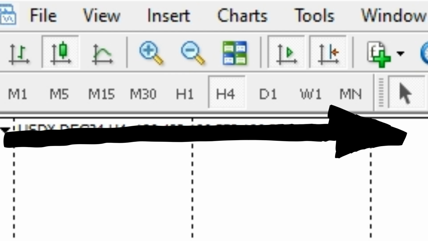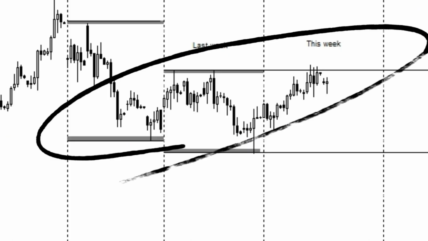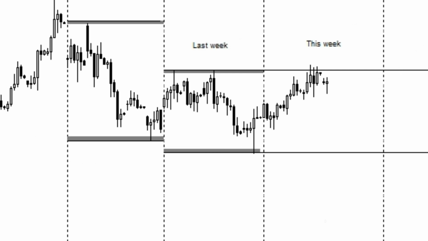If you are a day trader, you can trade H1. If you are a swing trader, H4, daily, weekly and monthly, so that you can understand all these time frames and how they correlate. So let's dive in so that you can understand how the market works.